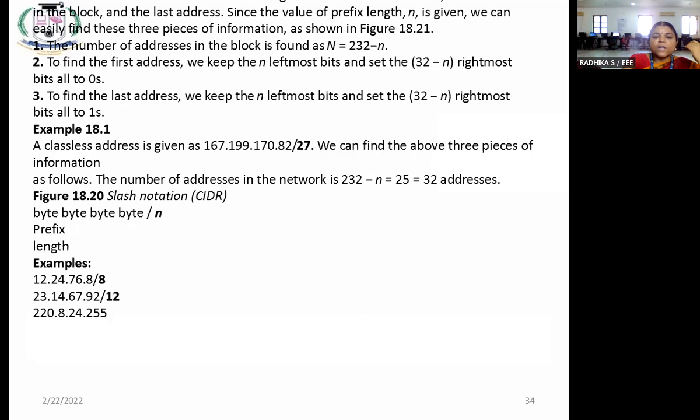They thought that classless addressing would be more convenient. So only this classless addressing scheme, even for IP version 4, is being used.